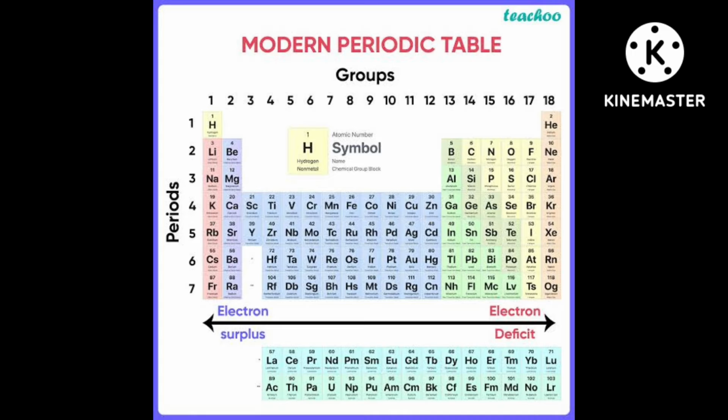If suppose D is there, then dxy, dyz, dzx, dx square minus y square, dz square. Then 5 d orbitals are there. Now if you are filling the electrons, first you will fill 1s, then you will go to the second orbit. In that 2s and 2p will be there. 2s holds 2 electrons, 2p has Px, Py, Pz. After that, if it is filled, they will go for the d orbitals.